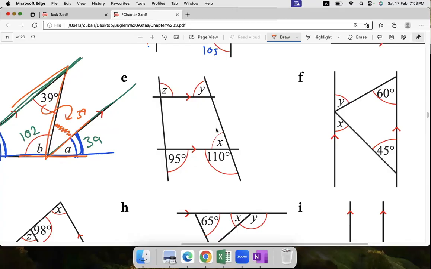Okay. But Y is 110, right? No, careful. It is not given that these two lines are parallel. You see, that's the trick. You see these arrows? These two are parallel only, others are not.